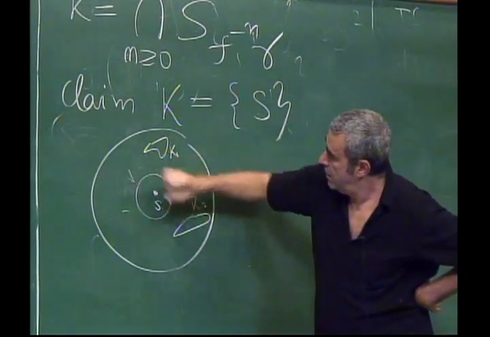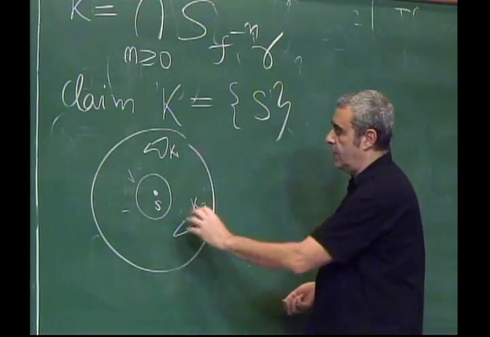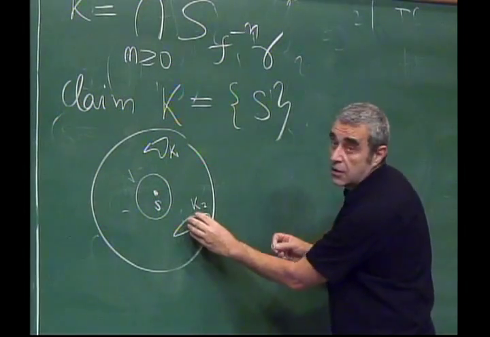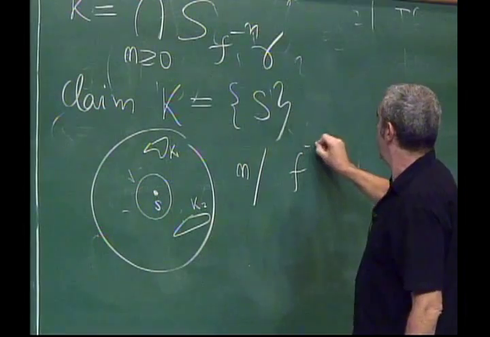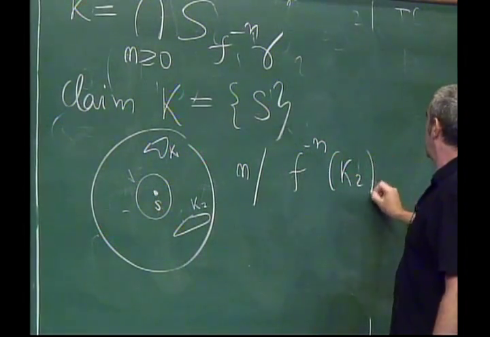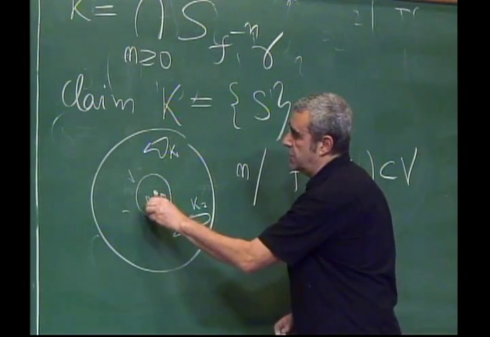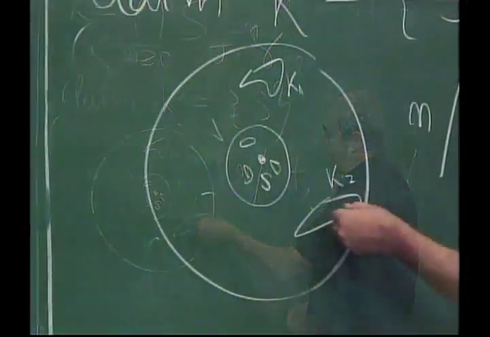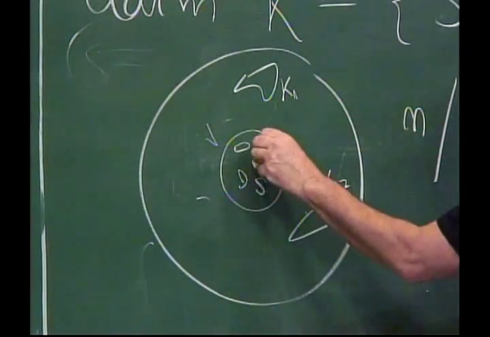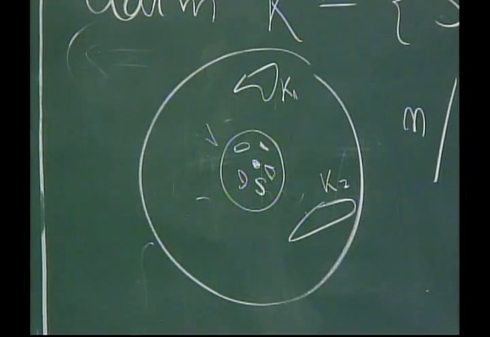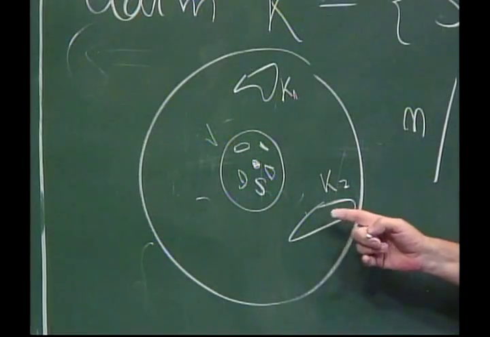Then use the idea I told before to prove that for some n, the preimages of K2 must be contained in V. All the preimages of K2 are contained in V, so no preimage of K1 can intersect V.